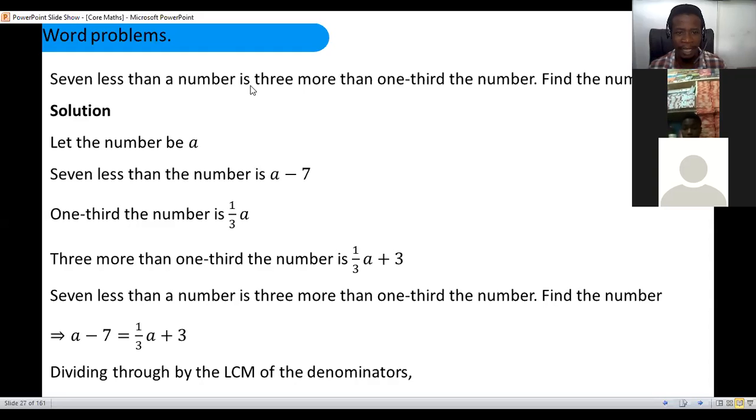Seven less than a number is 3 more than 1/3 the number. Find the number.